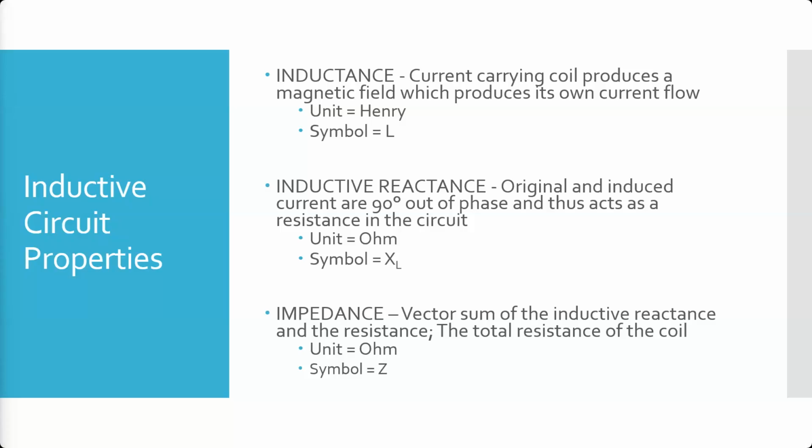So remember, with inductance, when we run current through a coil, a magnetic field builds up, and that magnetic field is going to oppose the flow of current. You can think about it as happening immediately time-wise, right? It's going to act like resistance, like you would have in a resistor.